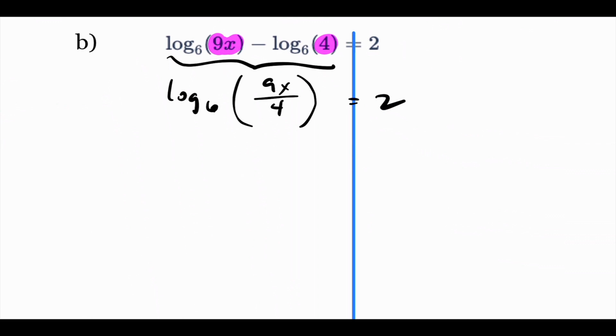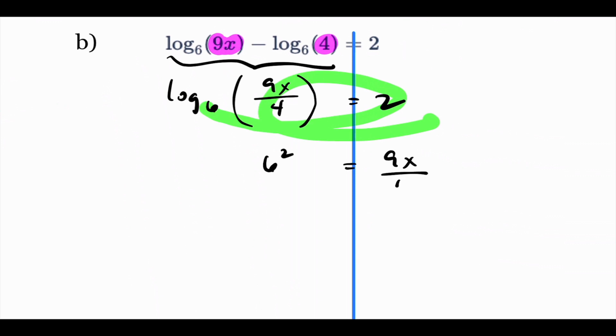Change it to an exponent. So it's 6 squared equals 9x divided by 4, or 9/4 x. Okay, 36 is 6 times 6.